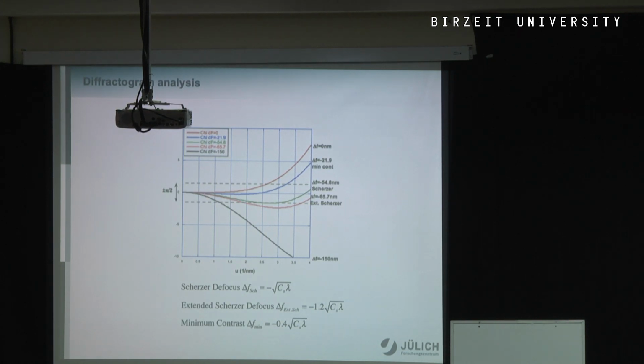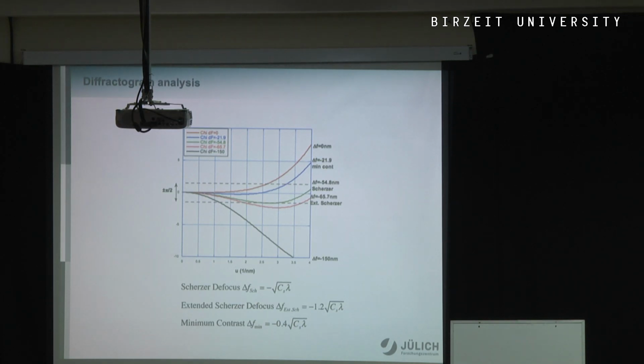You can use the defocus, which goes as the square of the spatial frequency, to offset the term in the spherical aberration, which goes as the spatial frequency to the power fourth, in such a way that the aberration function chi takes different forms as you change the defocus of the objective lens. There's an optimal focus, which is Scherzer focus, which I mentioned earlier, and that corresponds to the green curve here. That's when sine of chi is very close to minus pi by 2 for the largest range of spatial frequencies possible.